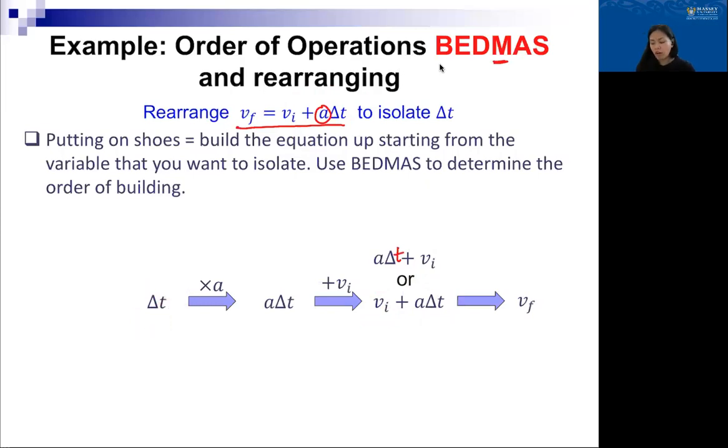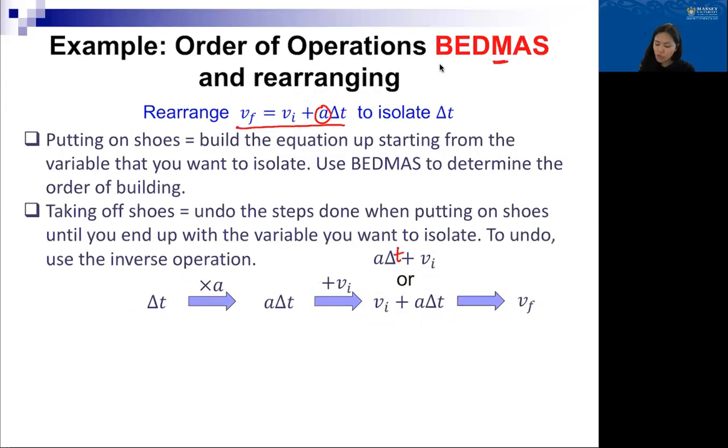Then we take off the shoes. Taking off the shoes means that you undo the steps that you've done when putting on the shoes until you end up with the variable that you want to isolate. So to undo, you use the inverse operation, right? So you start from VF.